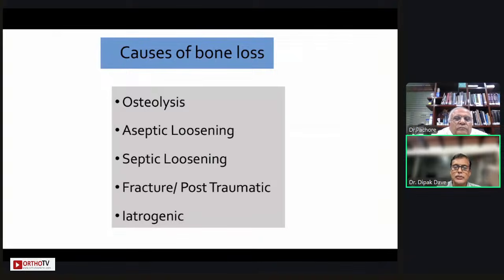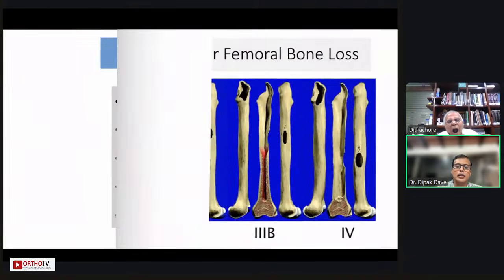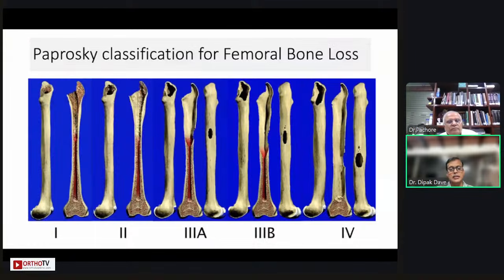So what are the causes? Osteolysis, which can cause aseptic loosening, septic loosening, or surgery may be needed because of fracture or iatrogenic periprosthetic fracture. Again, as I told, for selecting the stem we use a classification, the Paprosky classification for femoral bone loss in a revision scenario, which is an excellent classification.